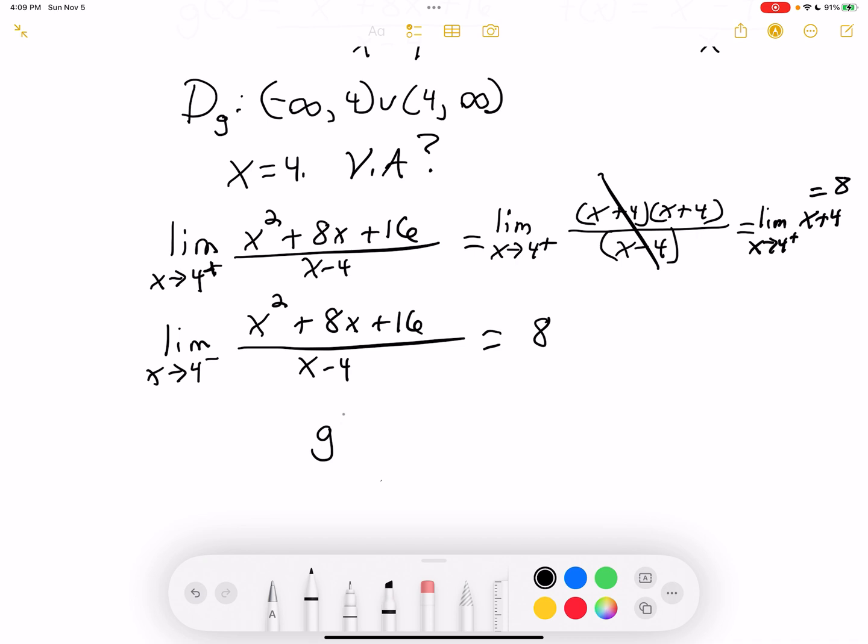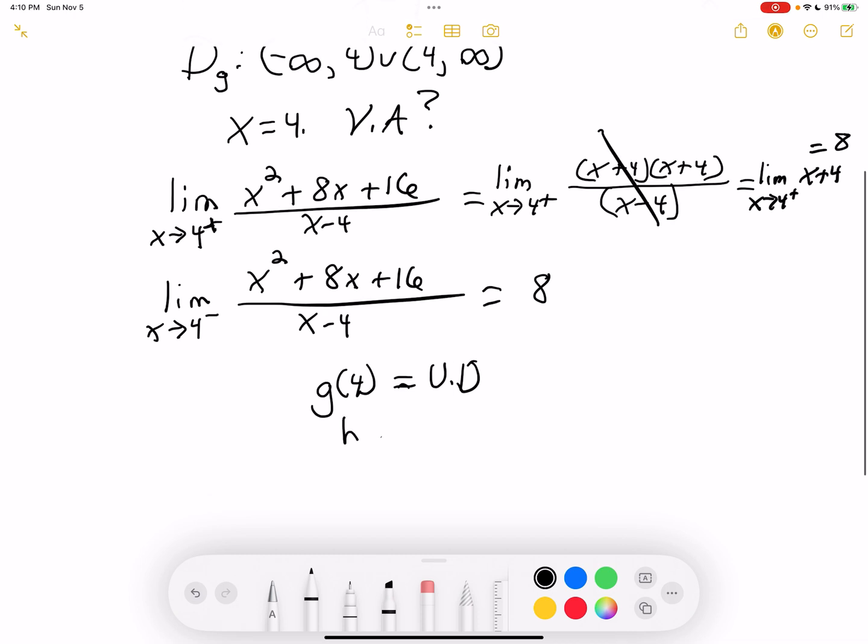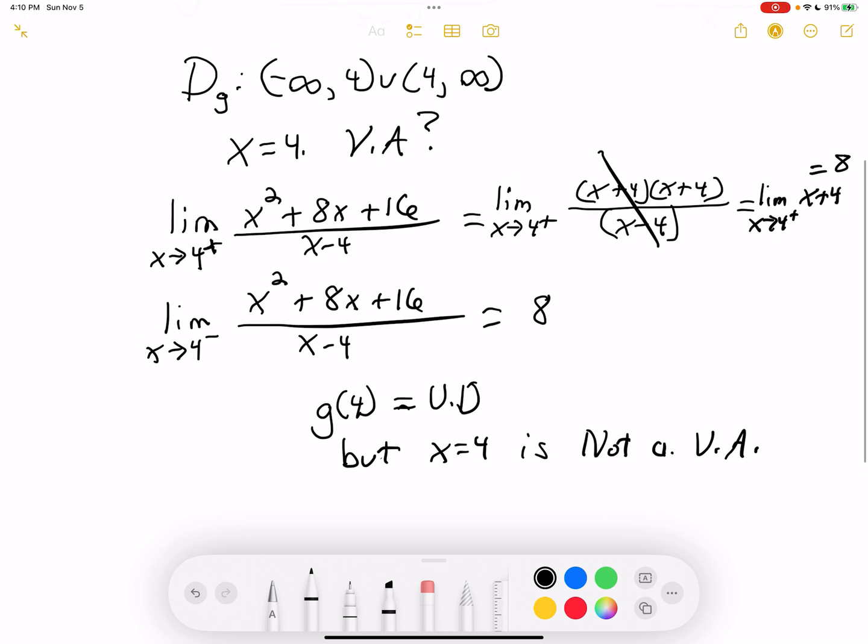First of all, g of 4 is undefined. But x equals 4 is not a vertical asymptote, because the limits as we approach 4 from the right and left are not infinity or negative infinity. There's some finite value.